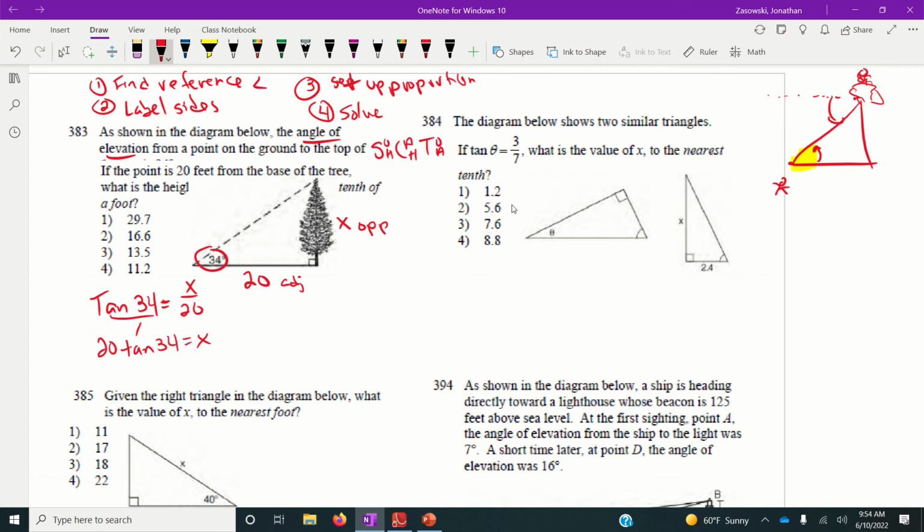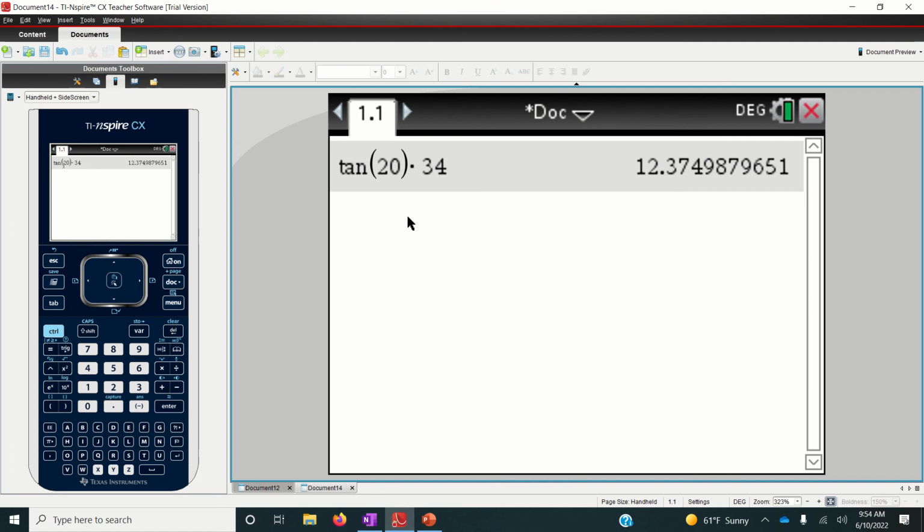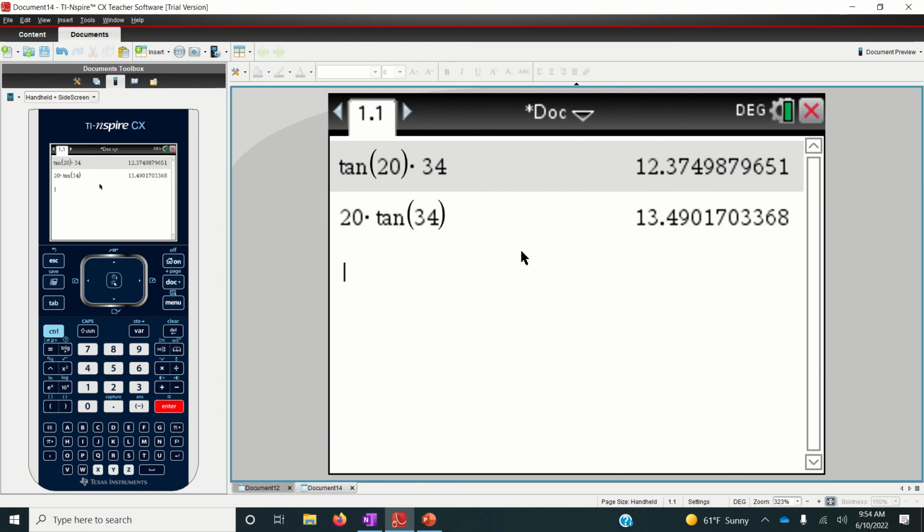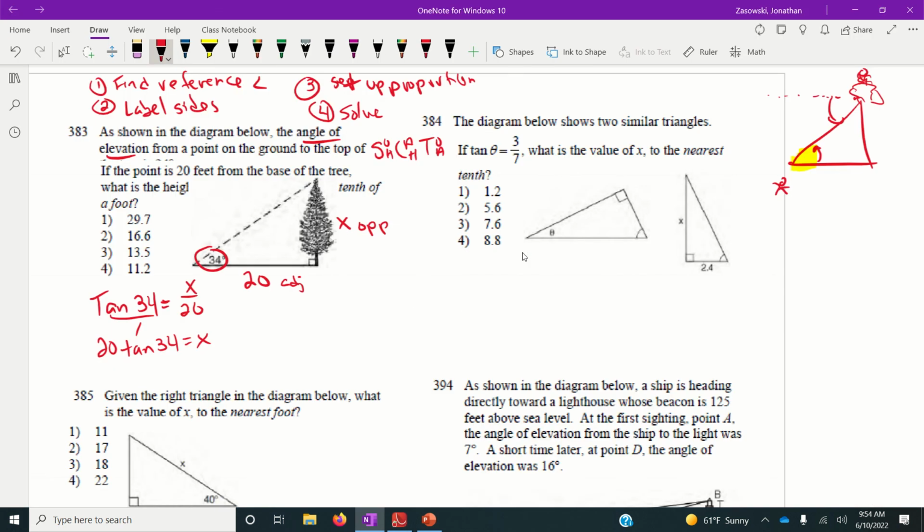And so we're going to get 12 point, well, time out. Oh, we did that backwards. We did tangent of 20 times 34. So let's try that again. We want to do 20 times the tangent of 34. And we're going to get 13.5. And that is going to be our answer.